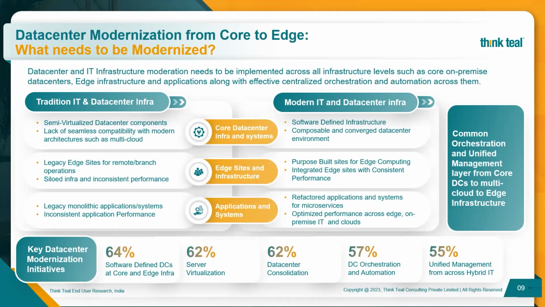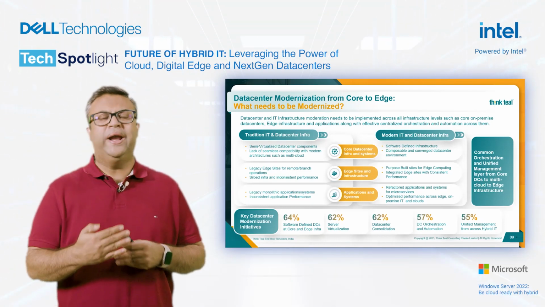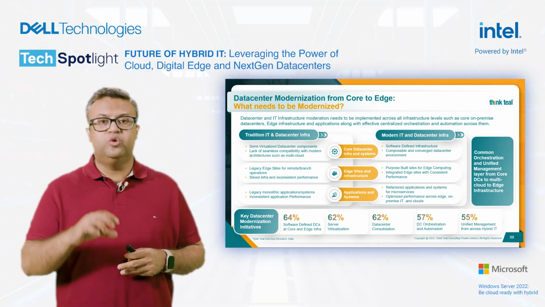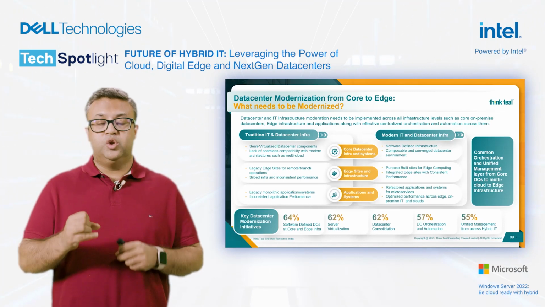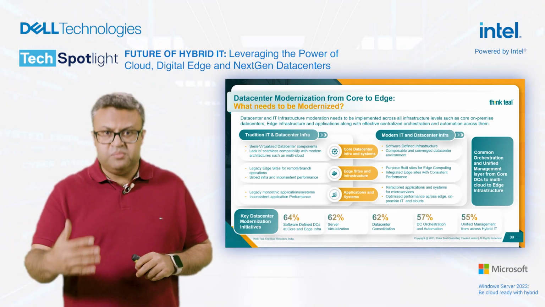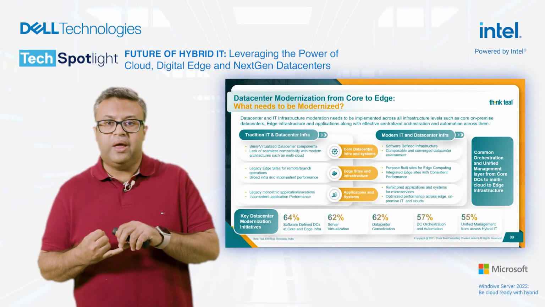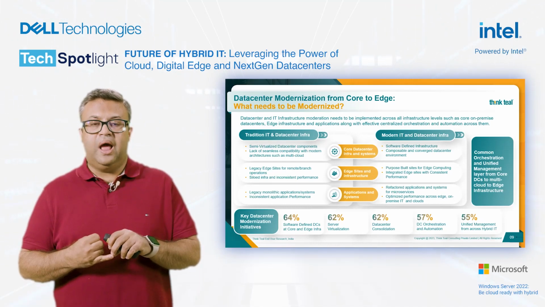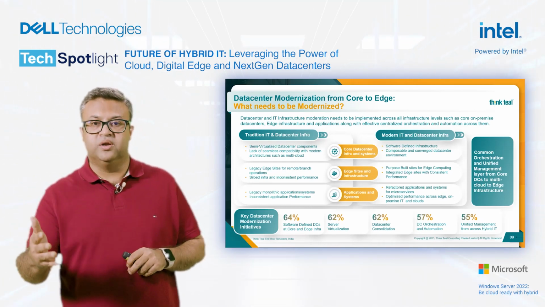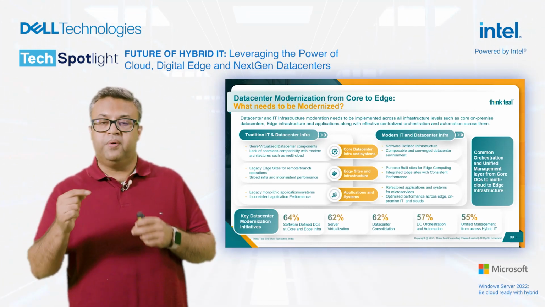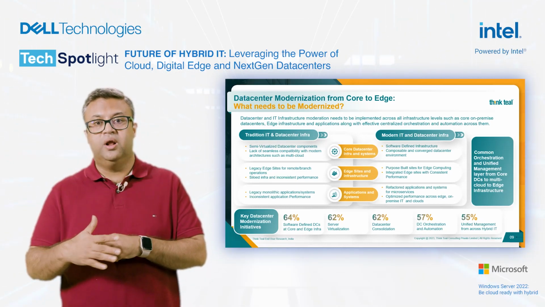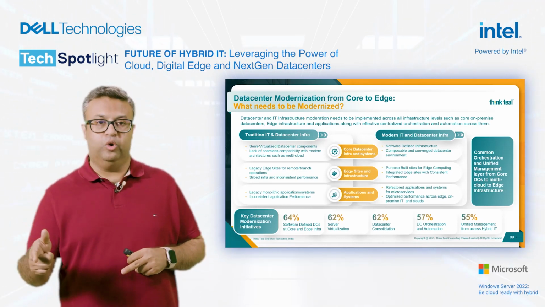And last but not least, when we talk about any IT infrastructure, all your IT infrastructure is there to support your applications. So A, in today's modern IT setup, all your applications are refactored and they're provisioned through microservices. And they're optimized for performance across edge, on-premise and cloud.